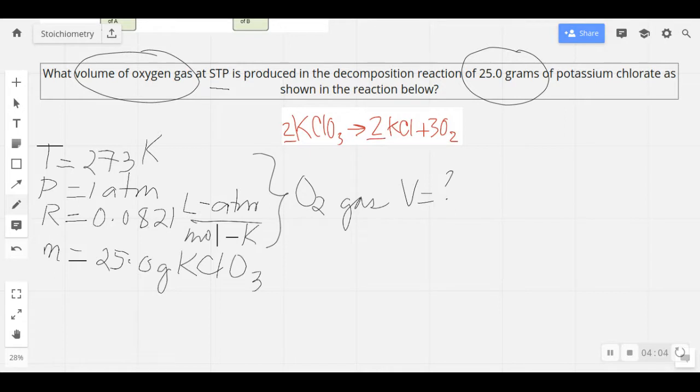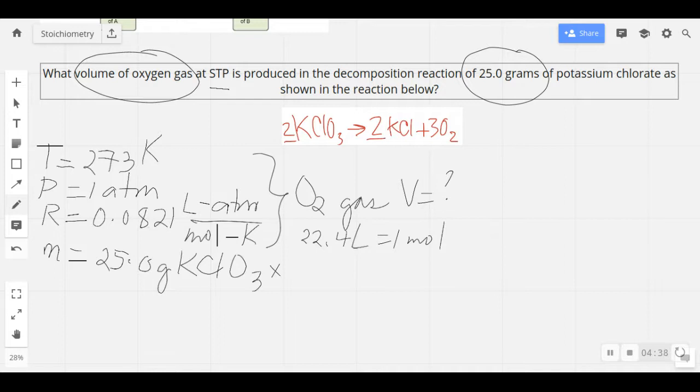And because this is at STP, you have an idea that 22.4 liters is to 1 mole of any ideal gas at STP, so we can use that. But before that, we need to get the moles of O2 from your grams of KClO3. So this KClO3 has to be converted to moles of O2. That's where the stoichiometry is, the conversion of the mass of potassium chlorate to your moles of O2.